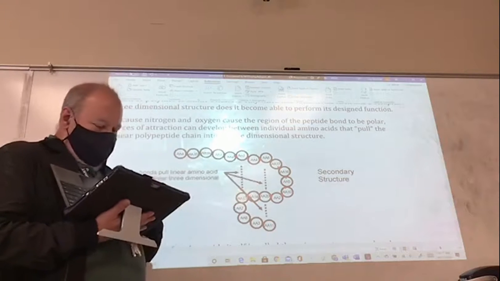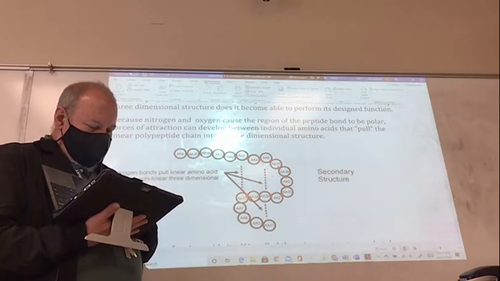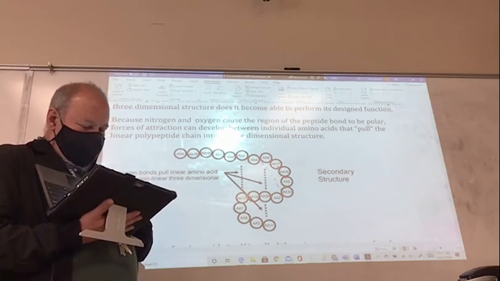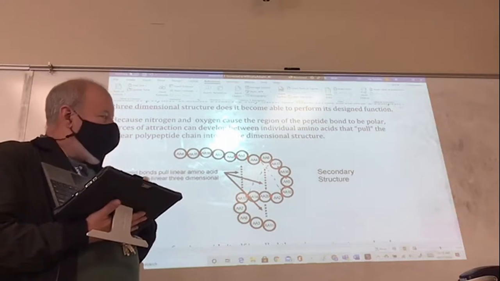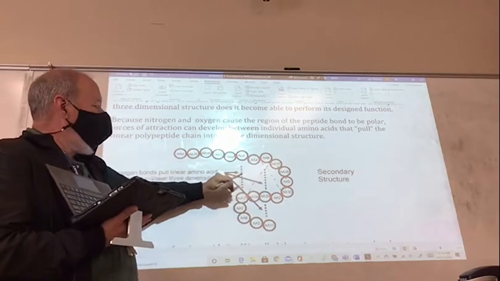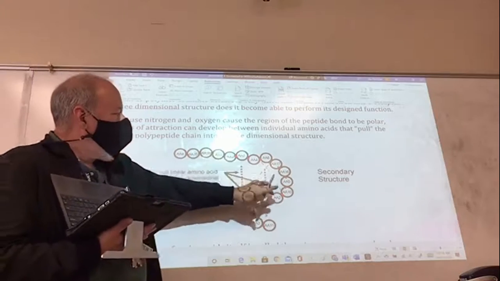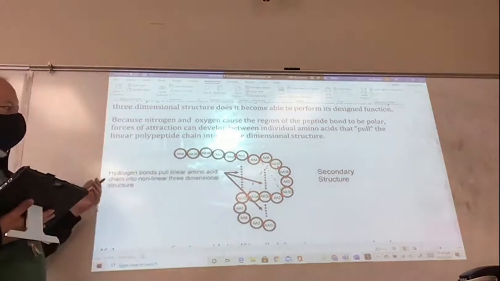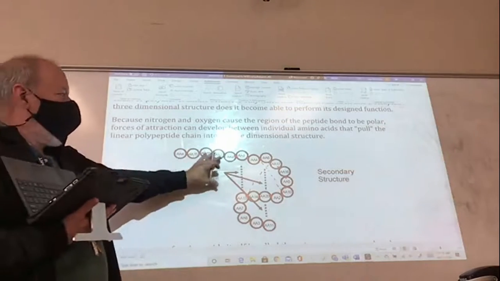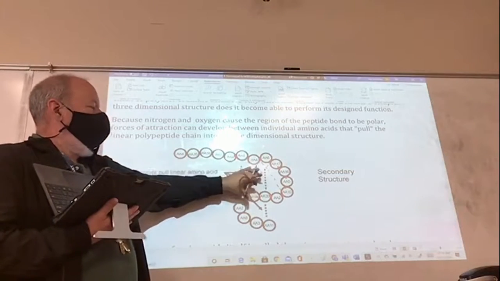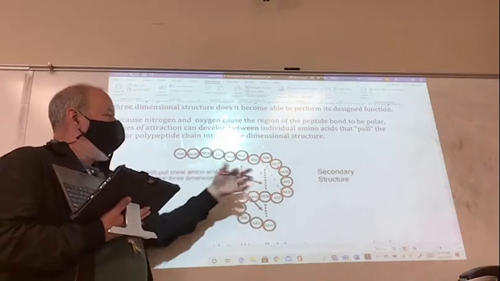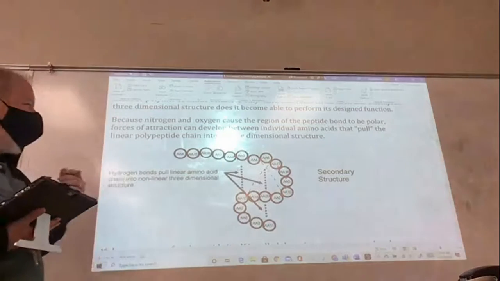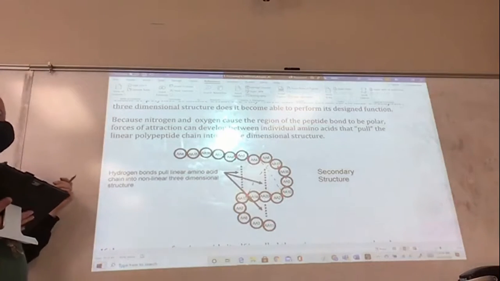I can attract this area, or I could attract this area. I can create these forces of attraction, and so it coils the chain up into its three-dimensional structure, and it always does it in the same way for a particular protein.